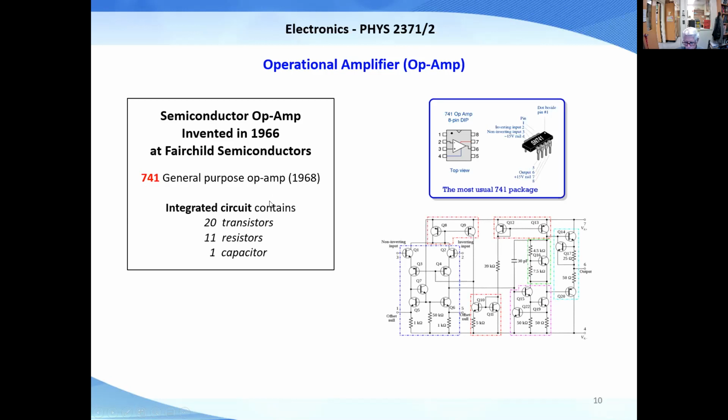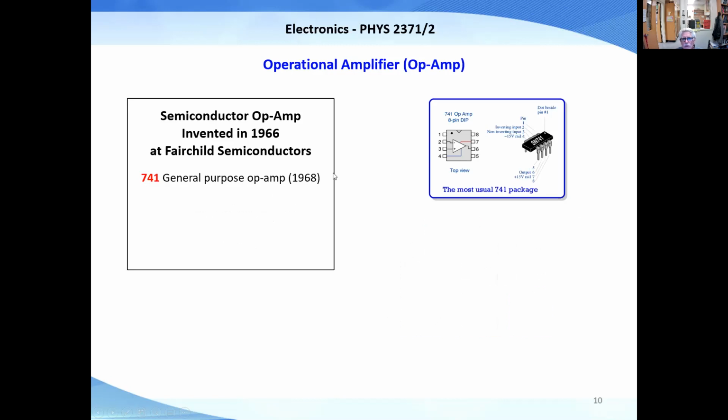And let me go back one. So you're going to be using one of these. They still make them. They cost, I don't know, 25 cents, depending on how many you want to buy. It's in a little square package that's only half an inch long, a little black package there. It has 8 pins for one amplifier, and it's called an 8-pin DIP.